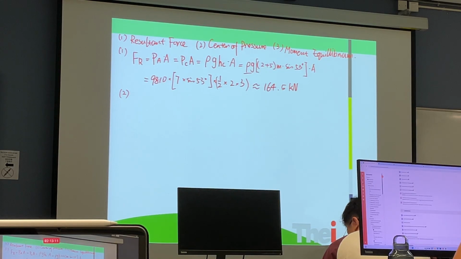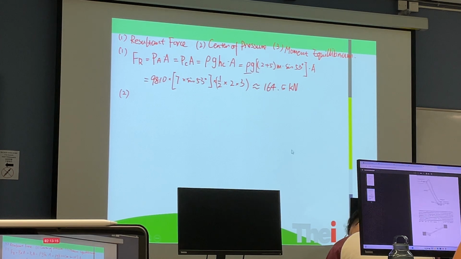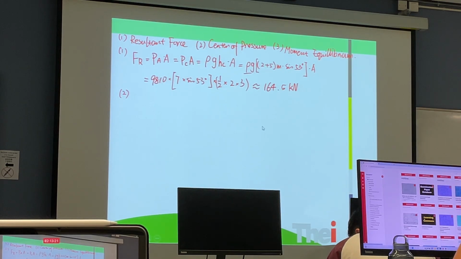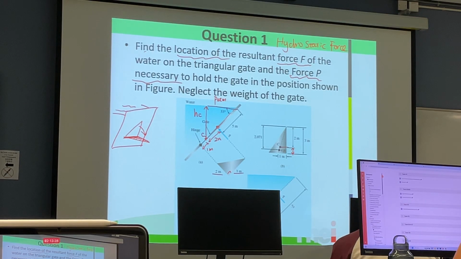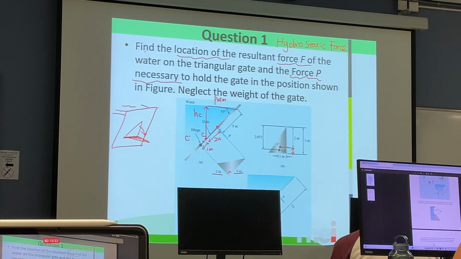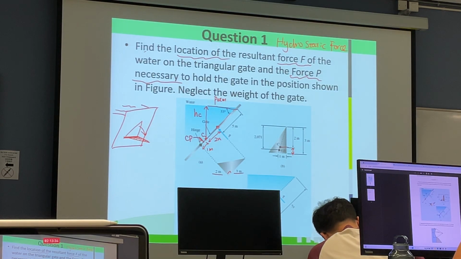Next is the location of the center of pressure. We can see from this figure that the center of pressure, CP, is this point.